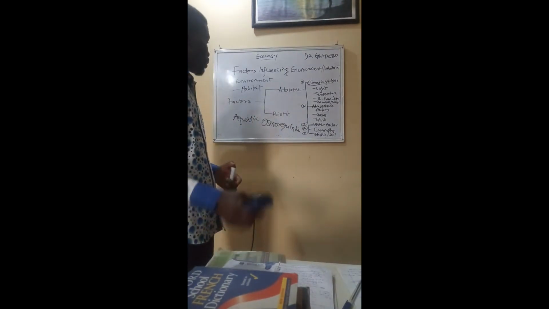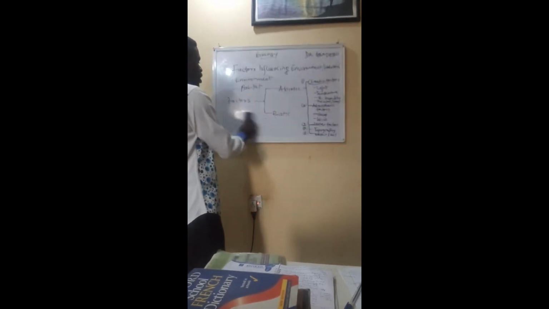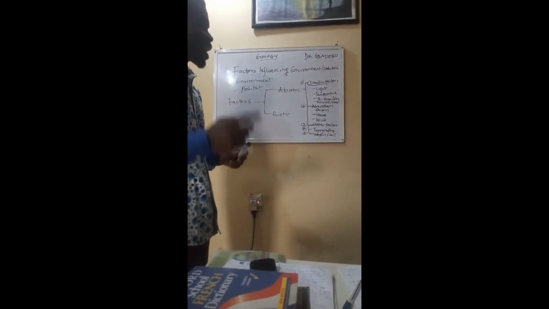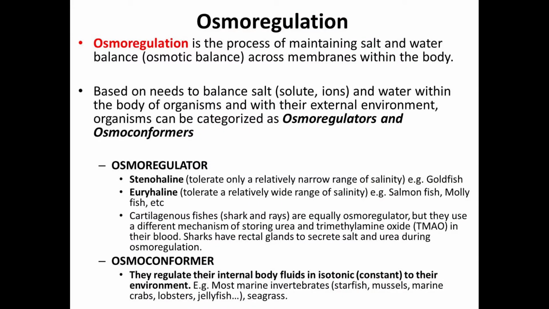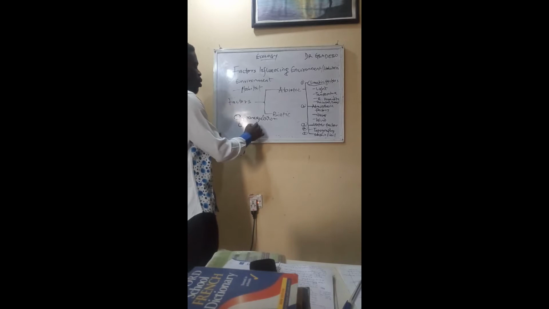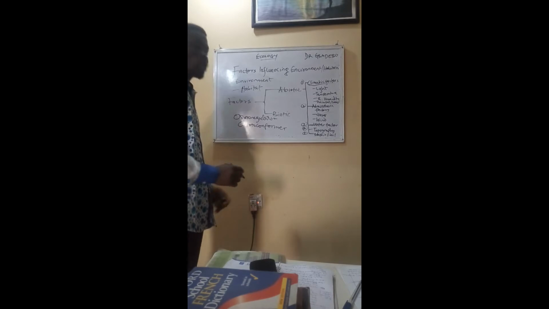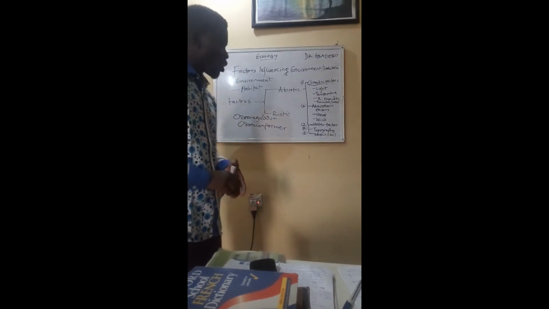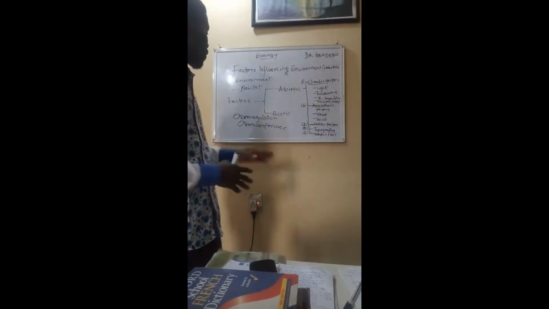And based on salt water regulation called osmoregulation, organisms can be categorized as either osmoregulators or osmoconformers. Some organisms are osmoregulators, while some organisms in the aquatic environment are osmoconformers.